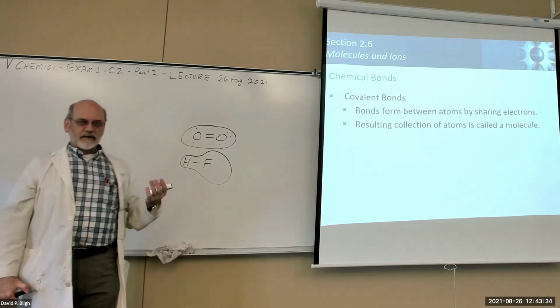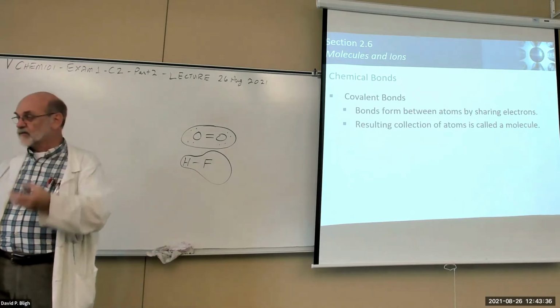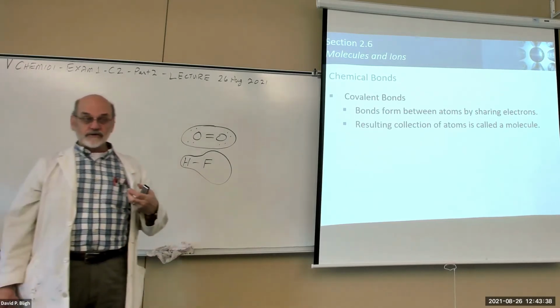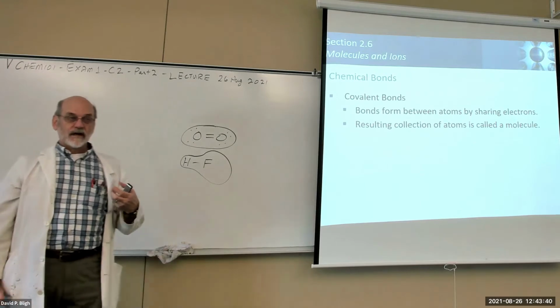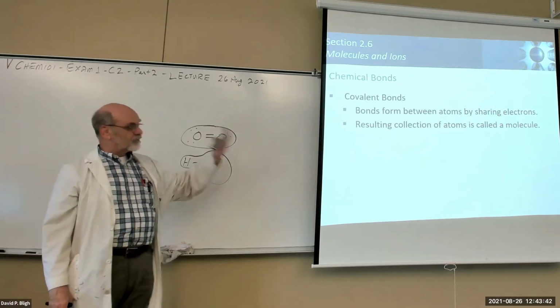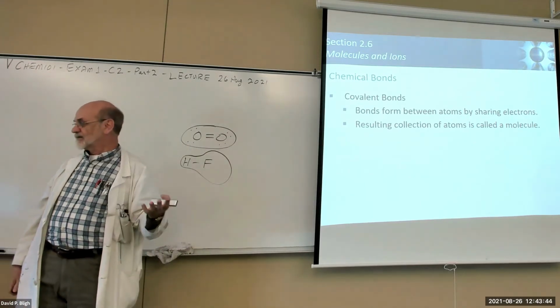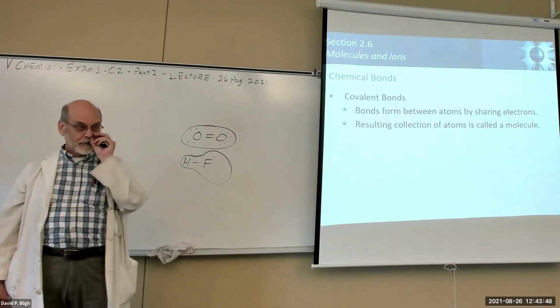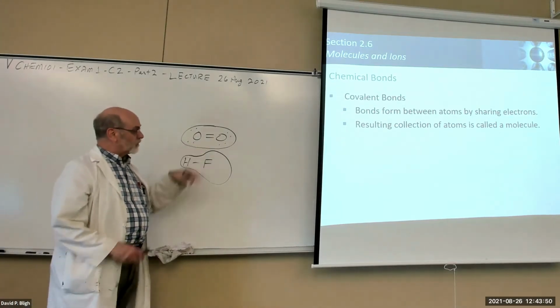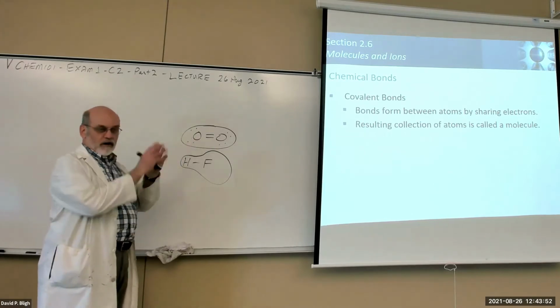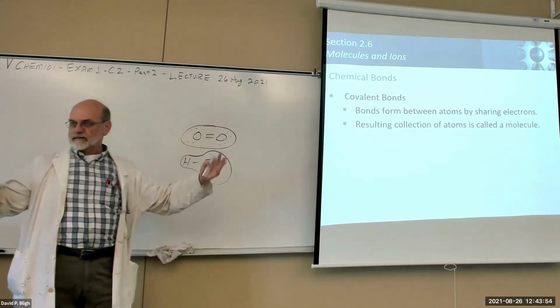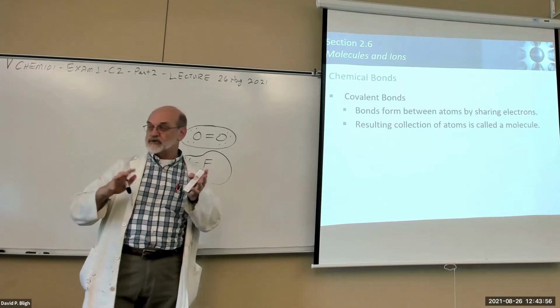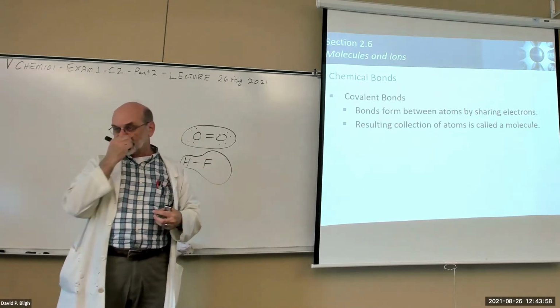Now, the thing we have to remember is that, like I said before, I hope, nature just does what it does. And this explanation, ionic versus covalent, is the way we wrap our minds around it. In fact, covalent bonds can run the full gamut of electron distribution between the two atoms.